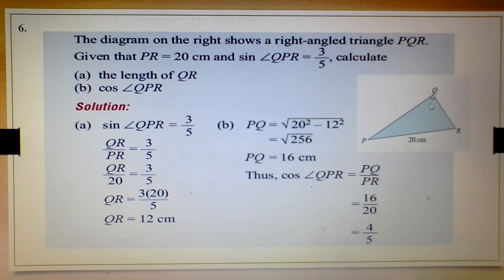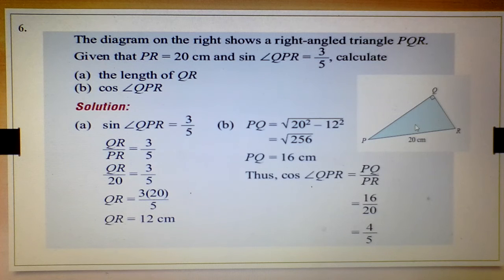Okay, so how to get PQ? PQ, this one is the hypotenuse. So 20 squared minus 12 squared, QR is 12 just now, right? So you calculate the square root of 256, then PQ is 16 cm. So you get all the lengths. What does the question ask us to find? Cos QPR.